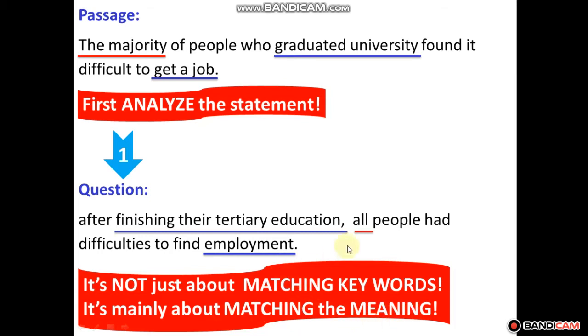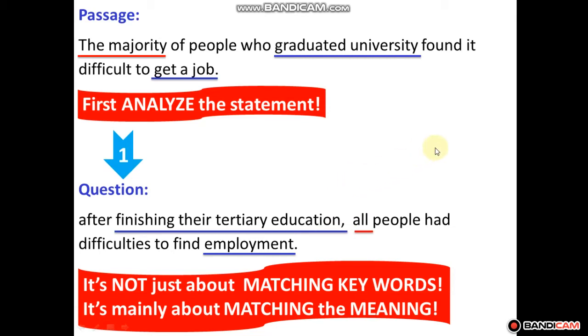You have to look at the meaning. Now, what does this one little word "all" mean here? "All" means 100%, whereas the word "the majority" does not mean 100%. So what do you think? Is it true? Is it false?